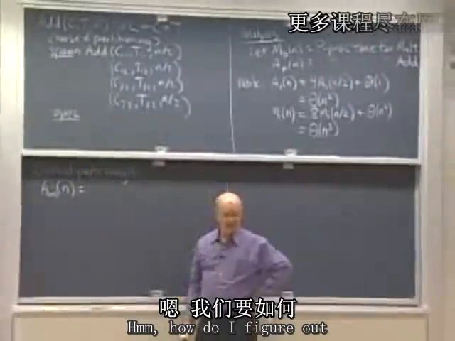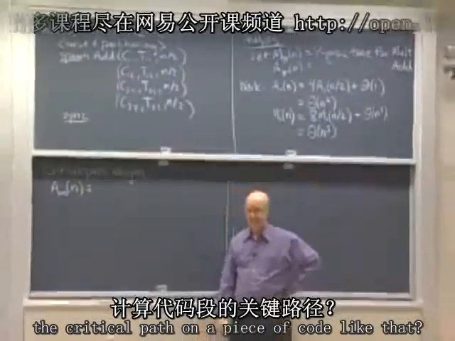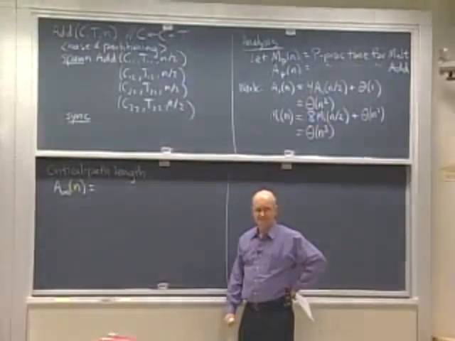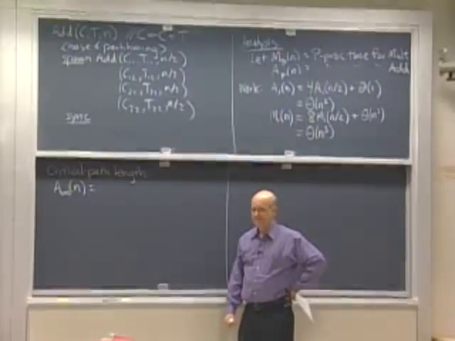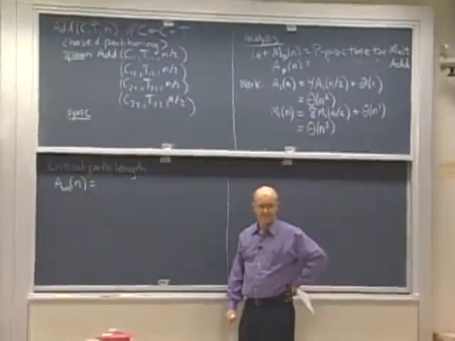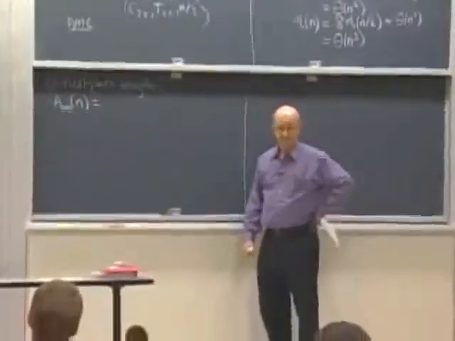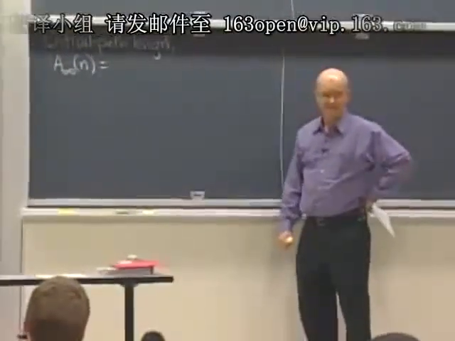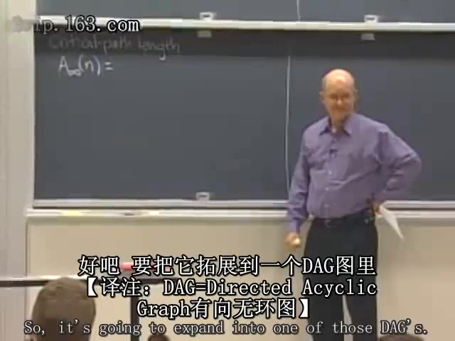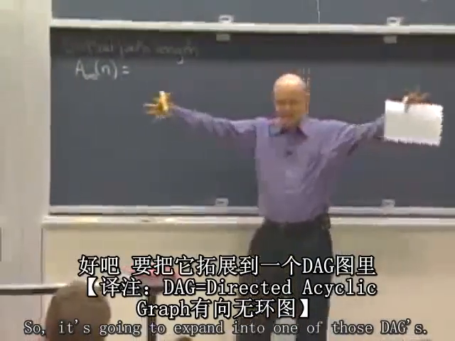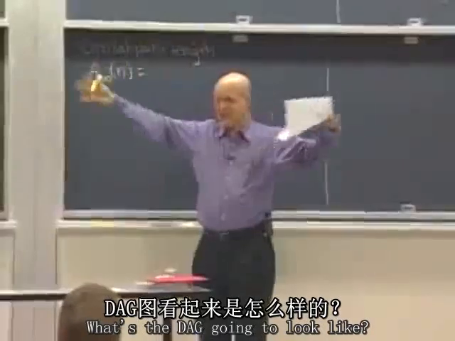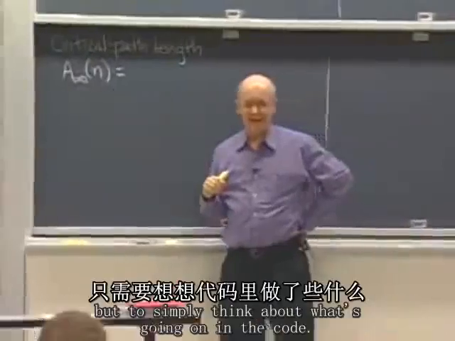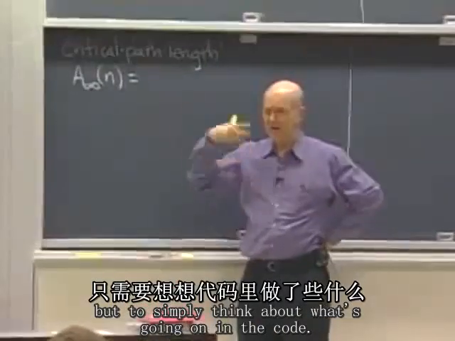How do I figure out the critical path of a piece of code like that? So it's going to expand into one of those DAGs. What's the DAG going to look like? How do I reason? It's actually easier not to think about the DAG, but just simply think about what's going on in the code.